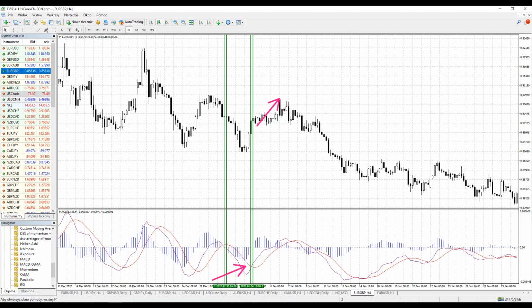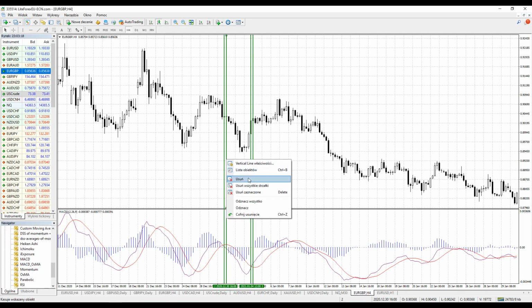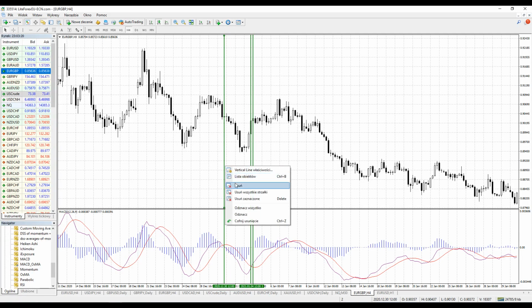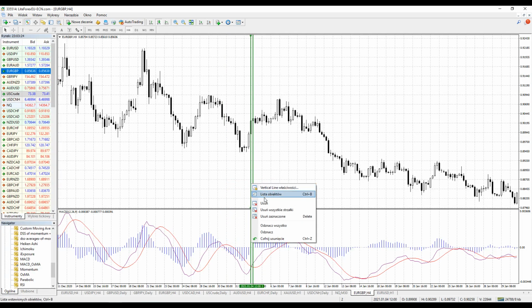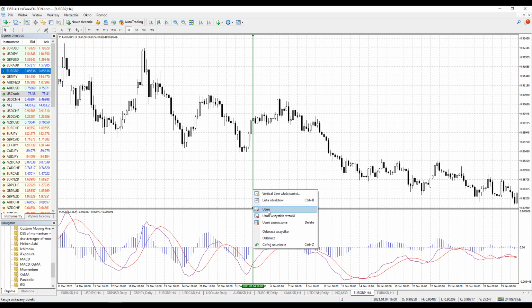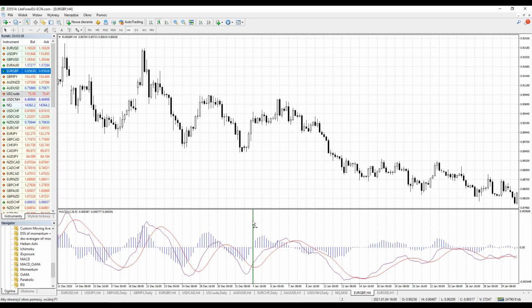The second one could be pure crossovers. So let's clean the chart and have a look at what we have here. In that case, we are talking about the lines only.